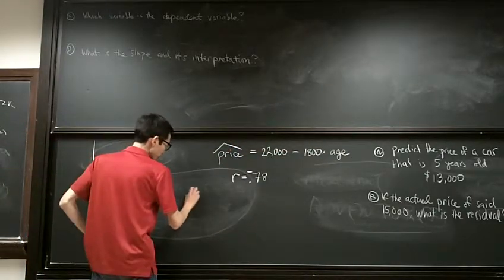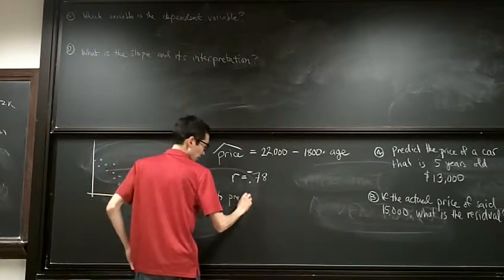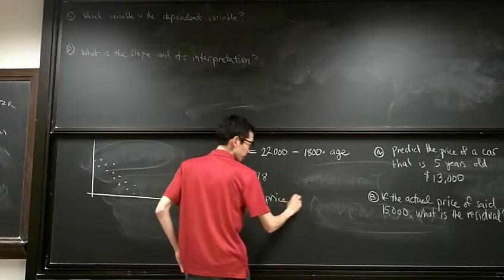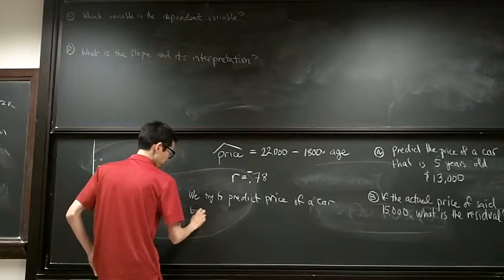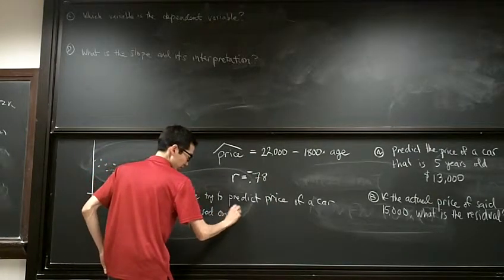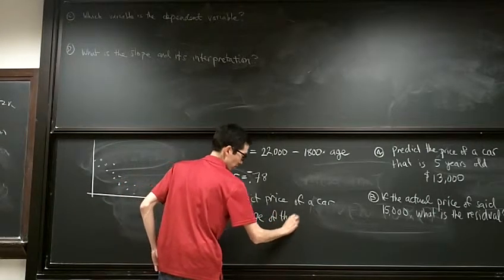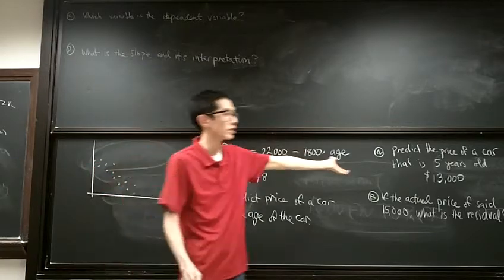So we try to predict the price of a car based on the age of the car. Okay, so we got $13,000.